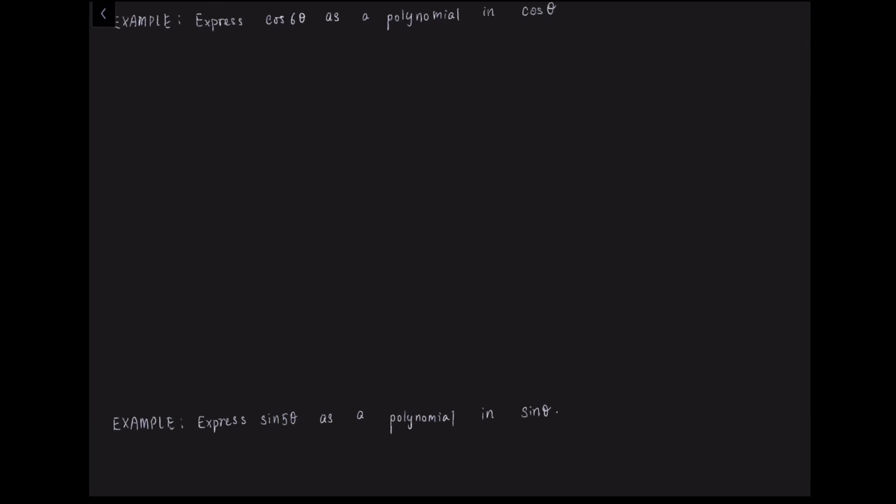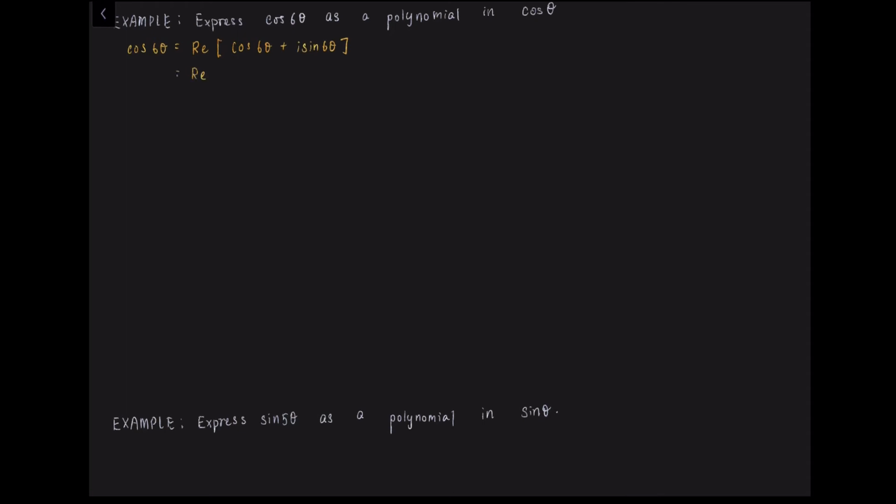Let us now use De Moivre's theorem to express trigonometric ratios of multiple angles in terms of powers of trigonometric ratios of the fundamental angle. So the first example wants us to express cos 6 theta as a polynomial of cos theta. So we write cos 6 theta equals the real part of cos 6 theta + i sin 6 theta.